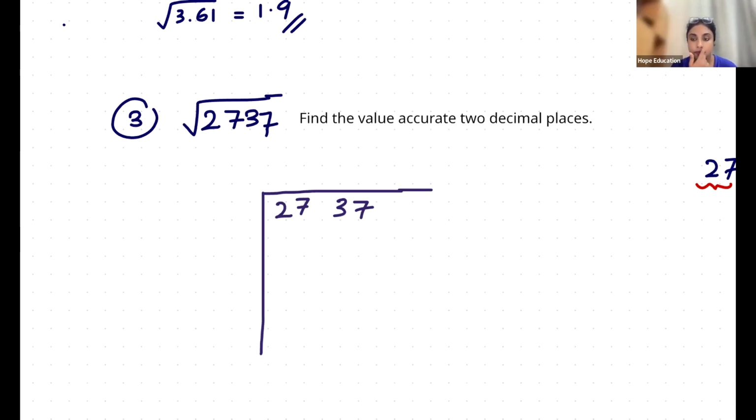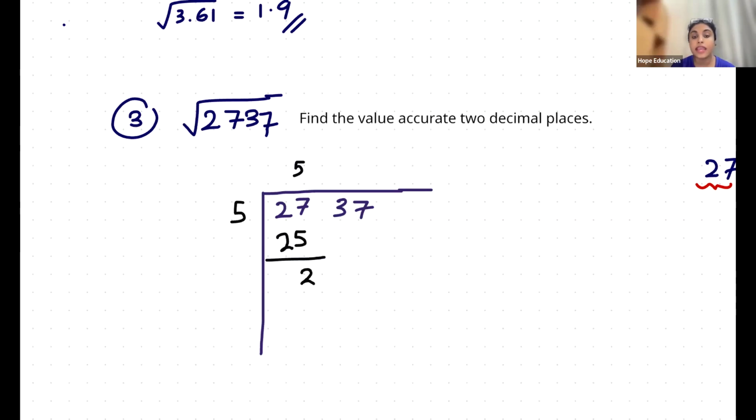What is the perfect square that is immediately before 27? 25, yes, very good. So I will put 25 here. And 25 was formed how? 5 times 5. So I put 5 multiplied by 5. That is how I got 25 here. Then 27 minus 25 is 2.